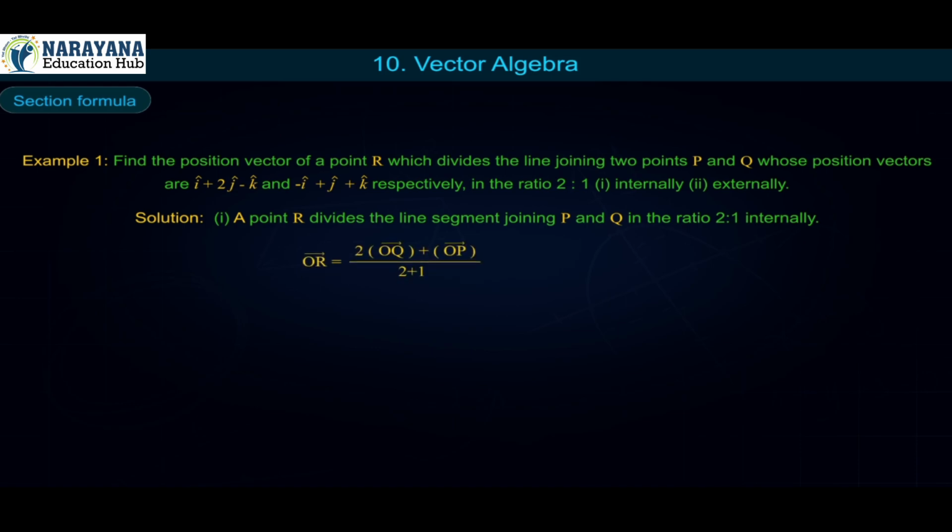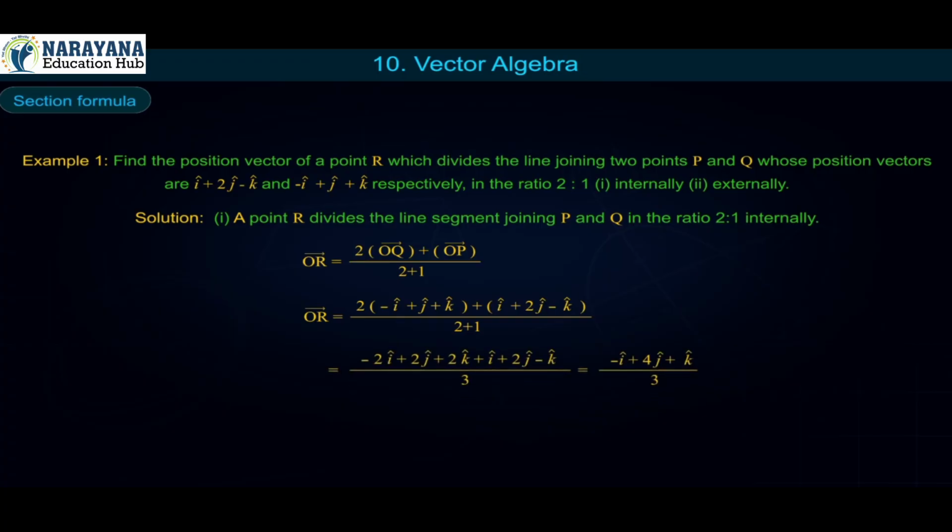Vector OR = (2 vector OQ + vector OP)/(2 + 1) = (2(−i cap + j cap + k cap) + i cap + 2j cap − k cap)/3 = (−2i cap + 2j cap + 2k cap + i cap + 2j cap − k cap)/3 = (−i cap + 4j cap + k cap)/3.